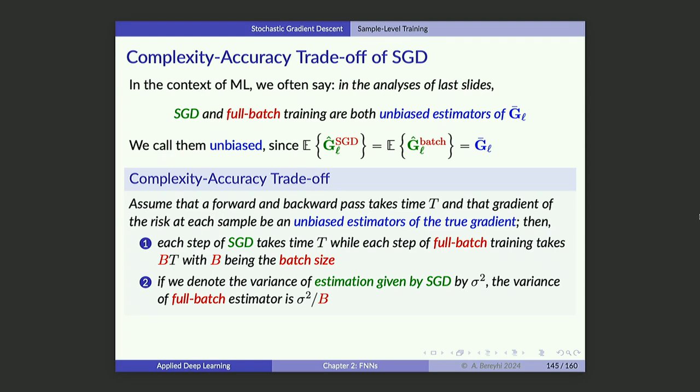When you do stochastic gradient descent, you are computing an unbiased estimator of your gradient. And why? Because you're basically computing the sample gradient, which is the original gradient that you want but don't have access to, plus some noise.